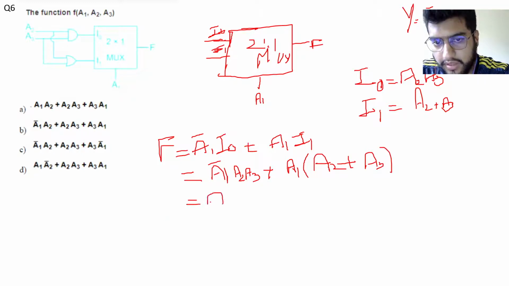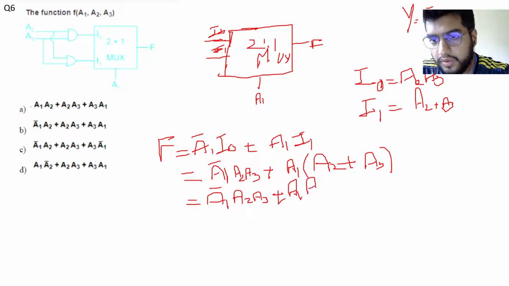So writing it down again: A1 bar A2 A3 plus A1 A2 plus A1 A3.